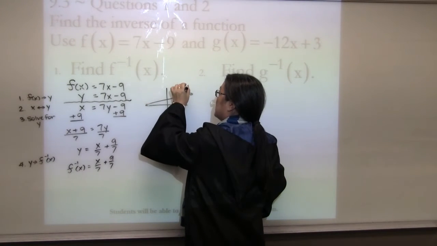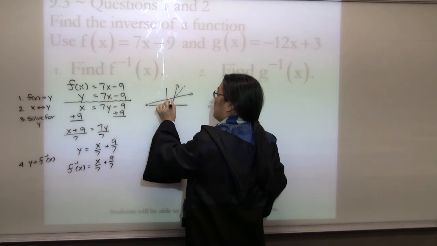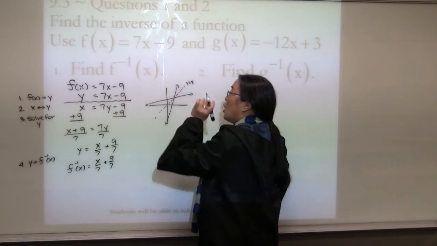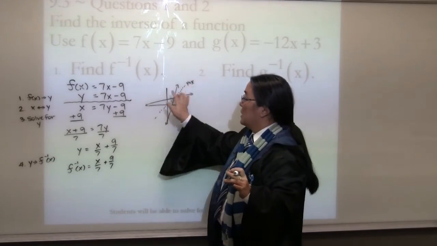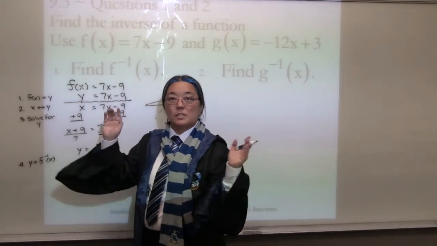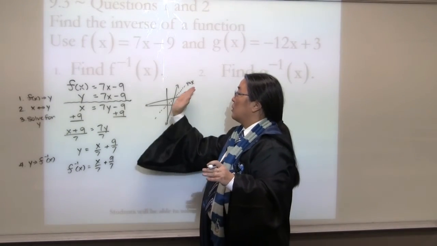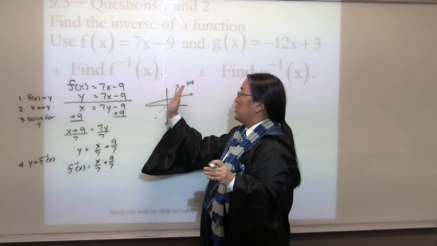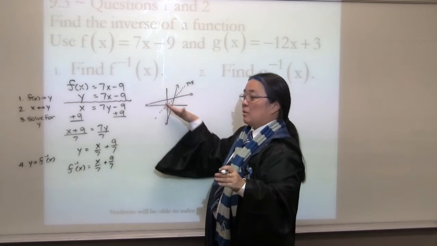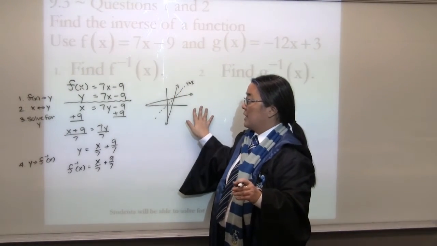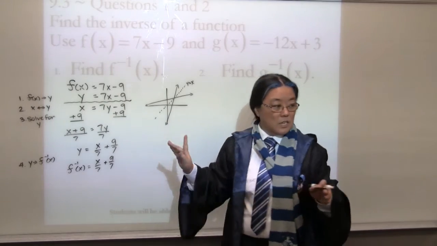And what's going to happen is they're going to be mirror images around the line y equals x. Why is that true? It's because when you switch the x's and the y's, we made the same thing only backwards. It will only be a mirror image around y equals x. It won't go around y equals negative x. So this is where we're heading to in your college class.